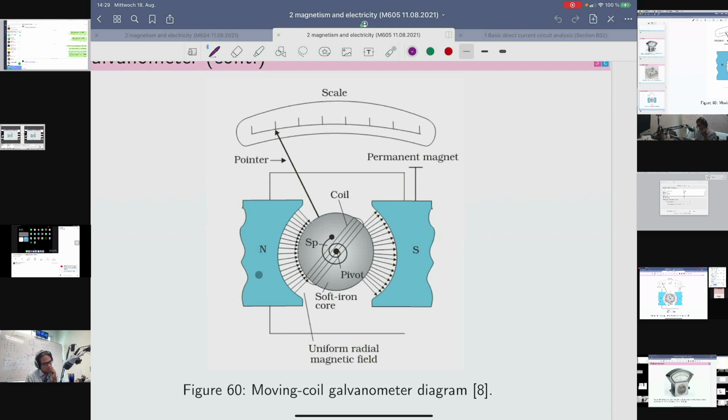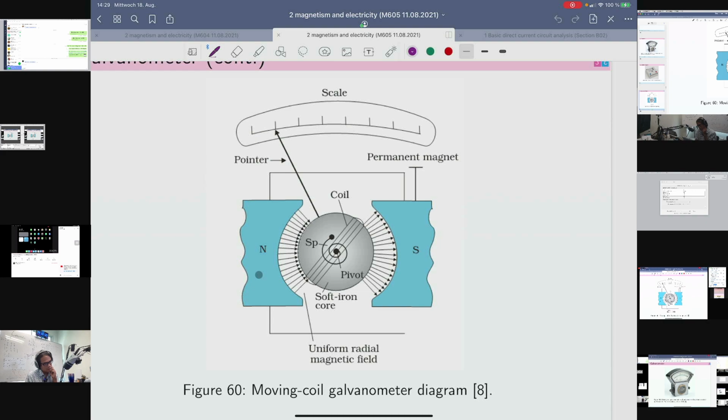When current flows through the coil, there will be an induced force, which brings up the torque. The two amounts of force at both ends give us the so-called torque, and the torque will try to rotate this shaft.